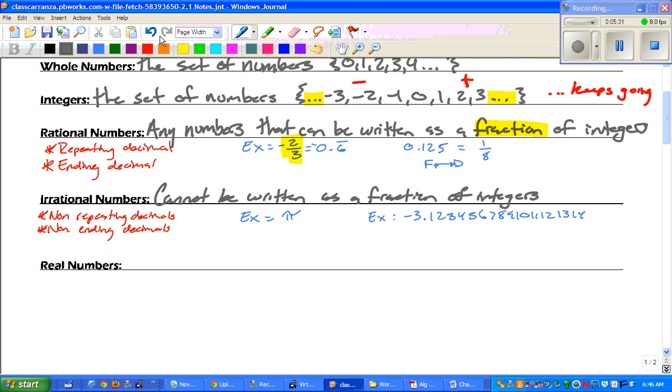And our last definition, real numbers, and real numbers are the set of all rational and irrational numbers. Okay, keyword there, all.